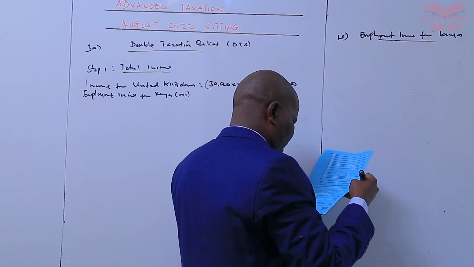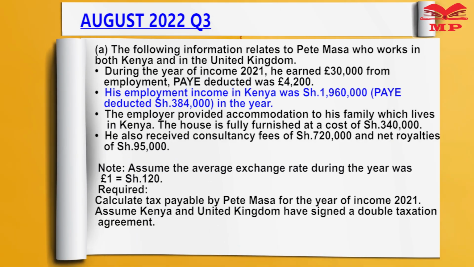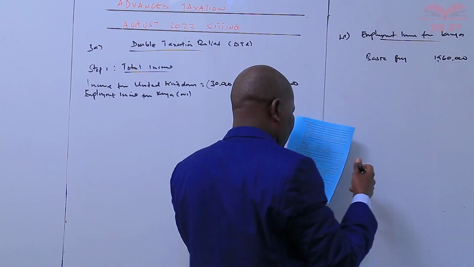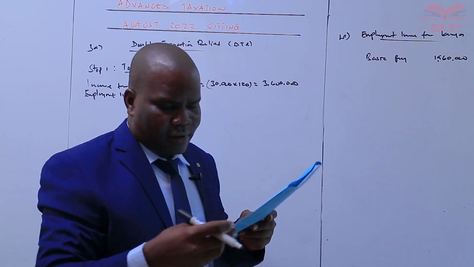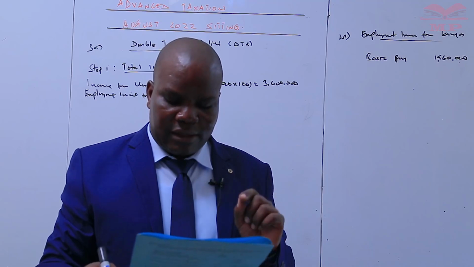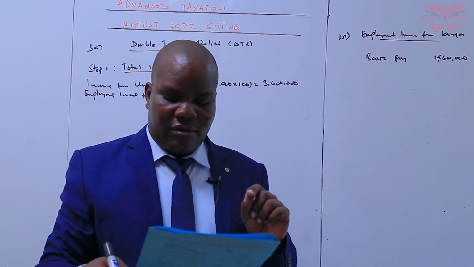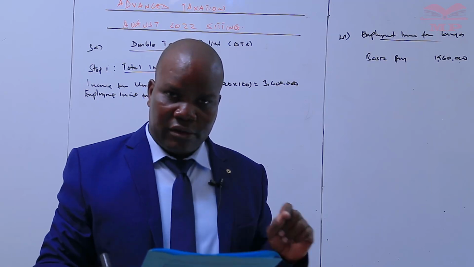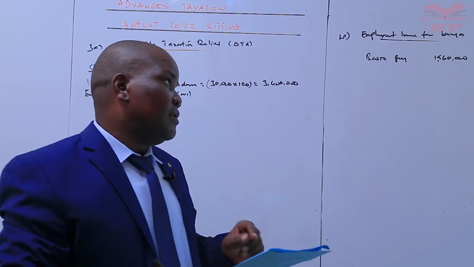So one, we had the basic pay of 1,960,000, and the pay deducted was 384,000. Again, back to the notes and assumptions. Remember, we are assuming the employment incomes from Kenya and United Kingdom have been stated gross of pay, that is before pay is deducted.